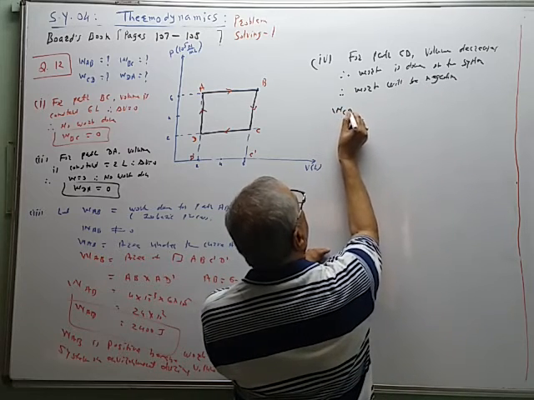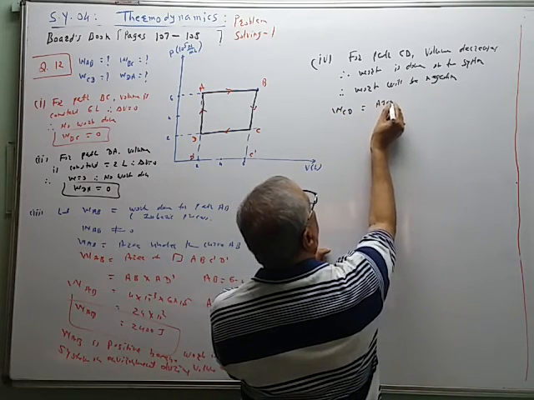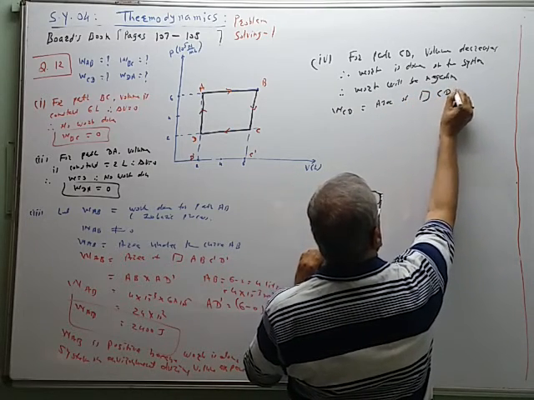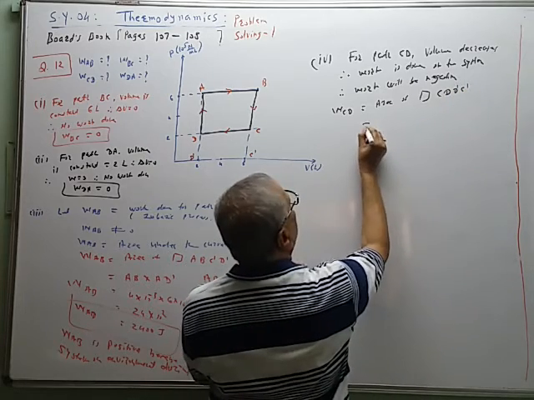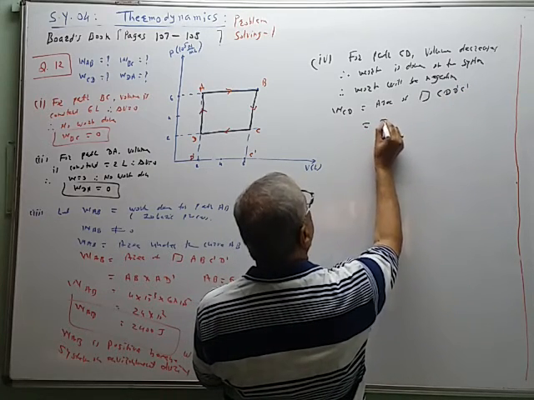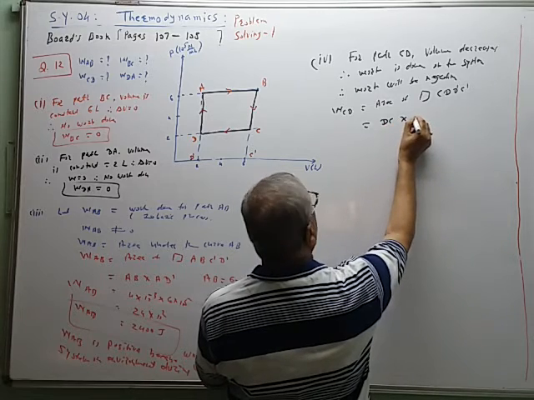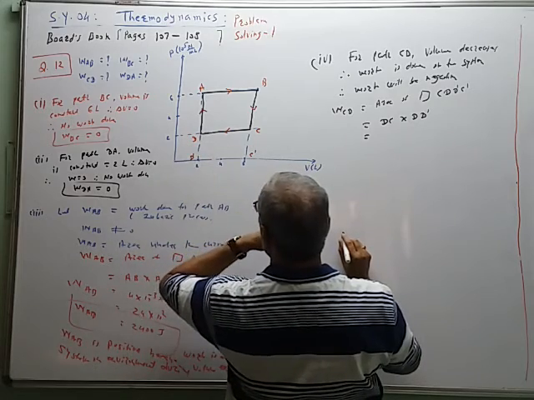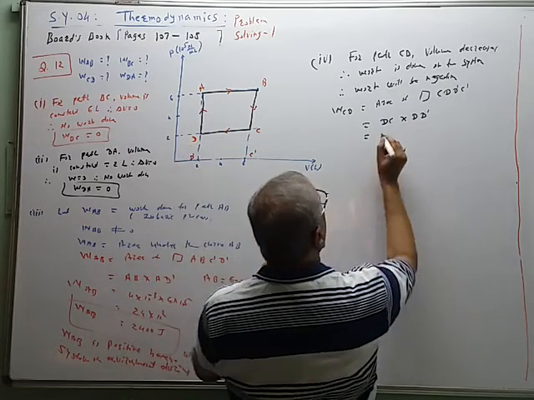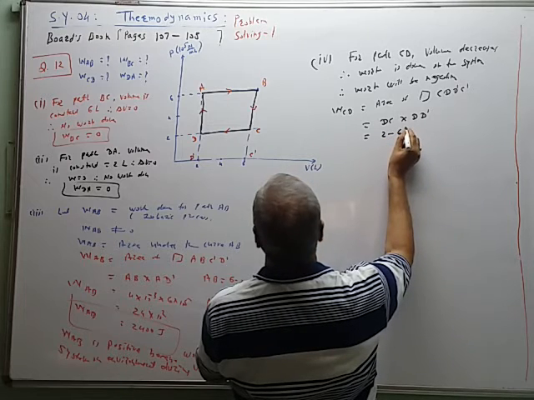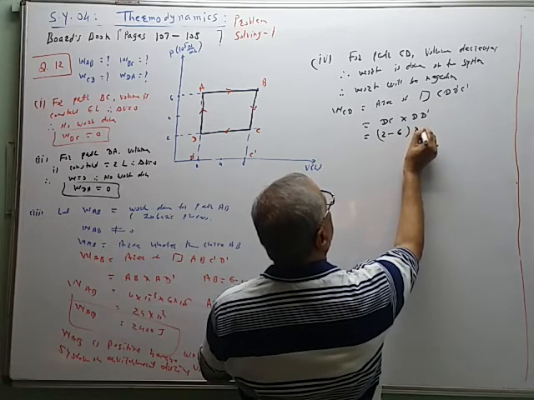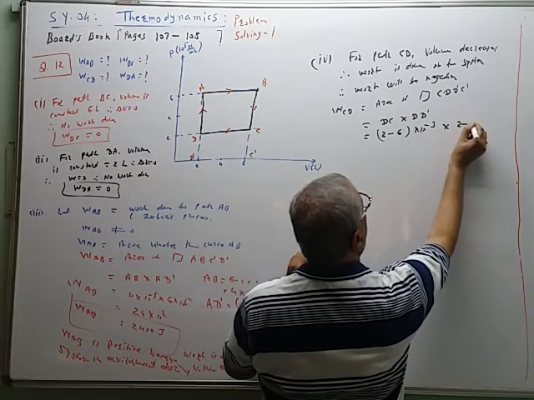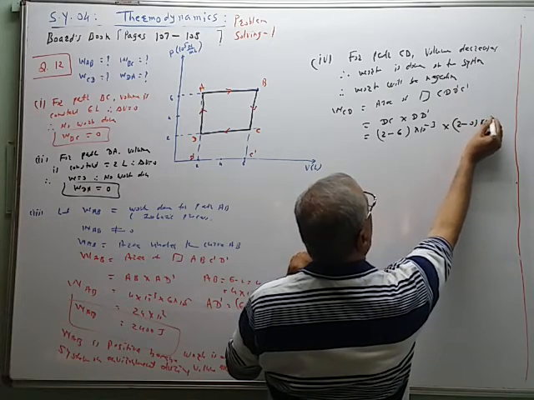So WCD is equal to the area of the parallelogram CD D dash C dash. So this is equal to DC multiplied by DD dash. So in the direction of this process, the final volume is 2 minus 6 into 10 raised to minus 3 multiplied by DD dash, 2 minus 0 into 10 raised to 5.